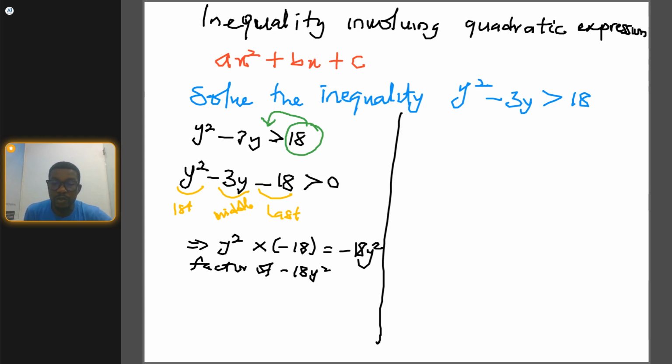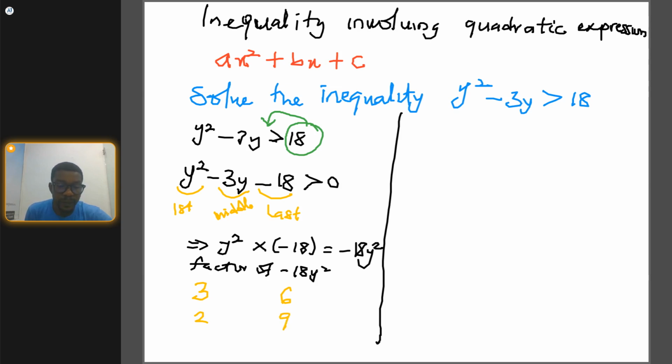Okay, 3. So if I have 3 and 6, 3 and 6 will give me 18. Okay, another number. We can also have 2 and 9. All right, 2 and 9, that should give us 18 also.